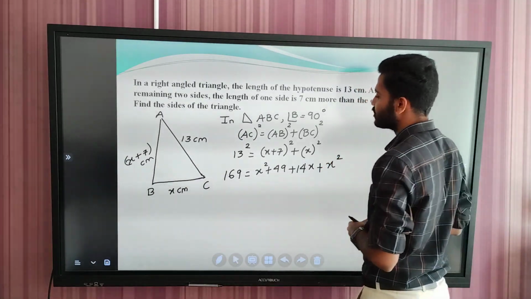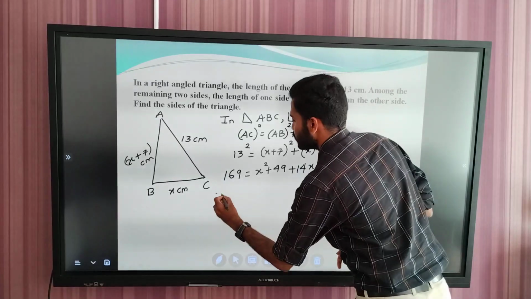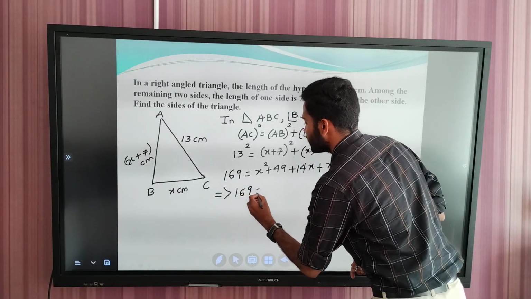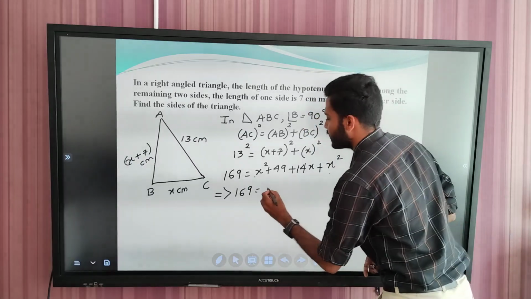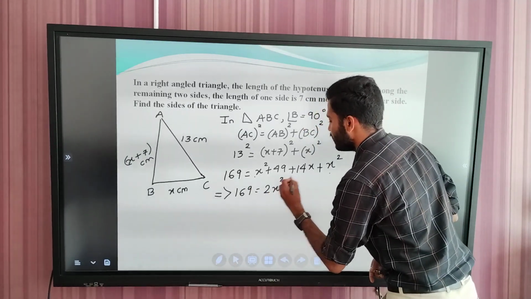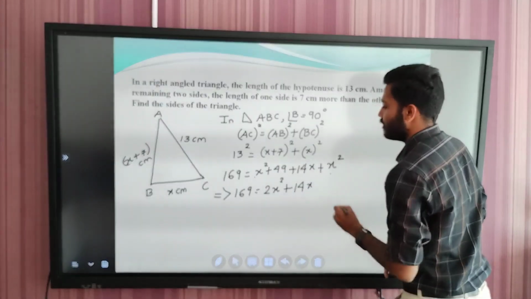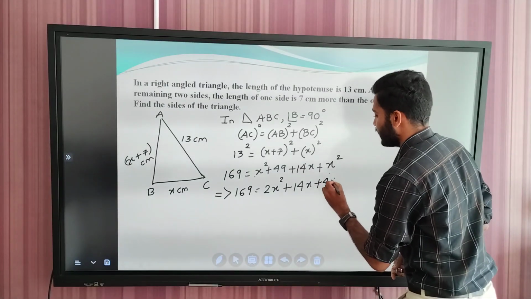Correct? So let us start to simplify this, my dear students. So 169 is equal to x square plus x square is 2x square, then 14x plus 49.